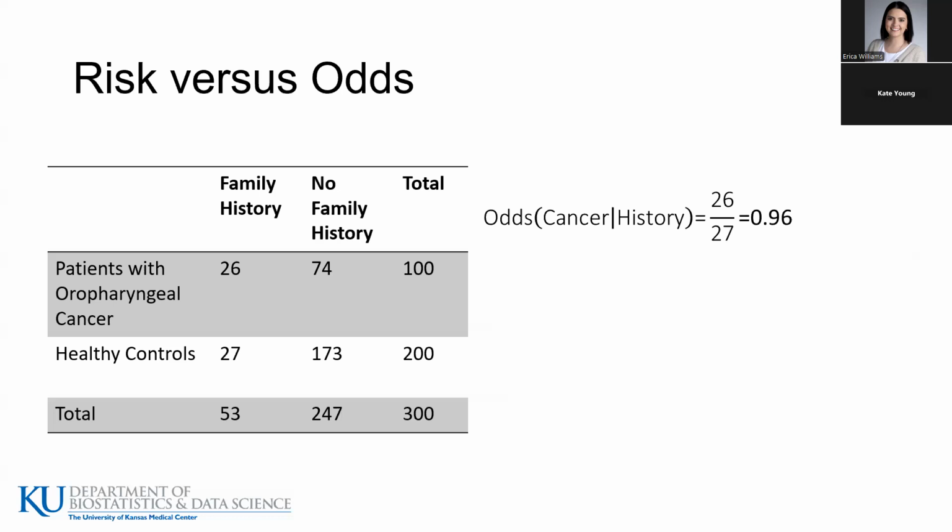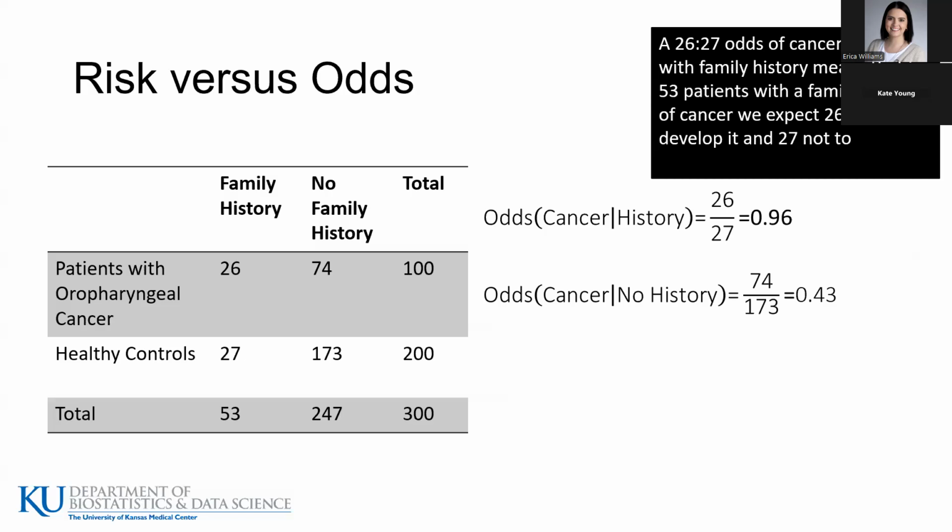So the odds are, out of those with a history of cancer, we have the odds of cancer given that they have a history, which is 0.96. And then the odds of cancer, given that they have no history, is 0.43.